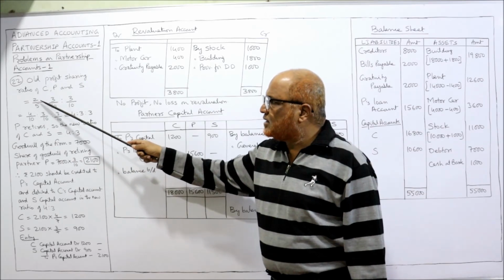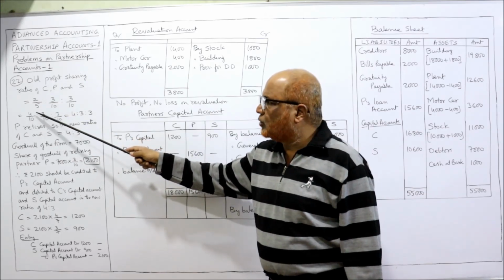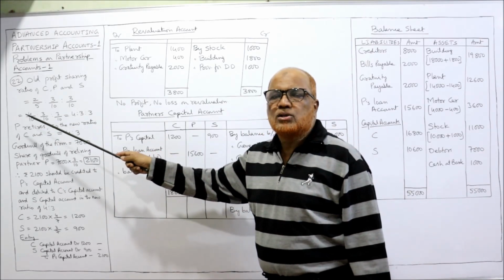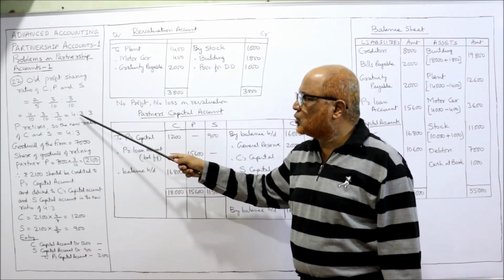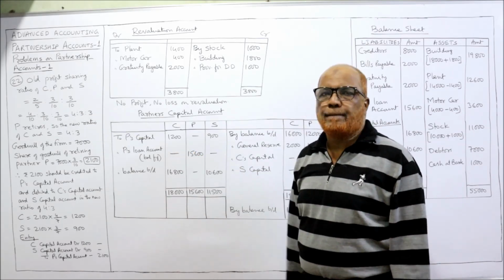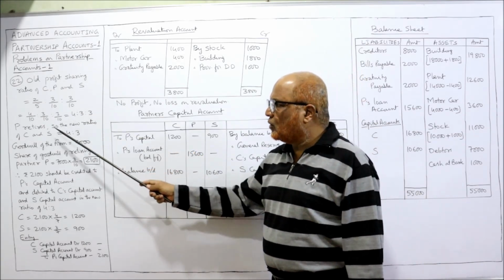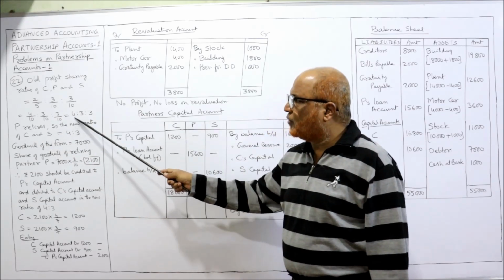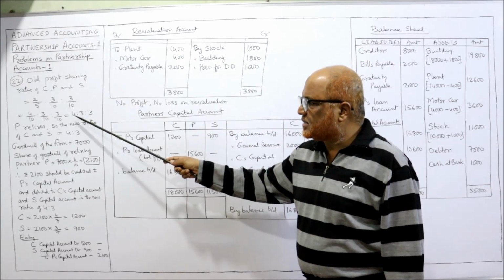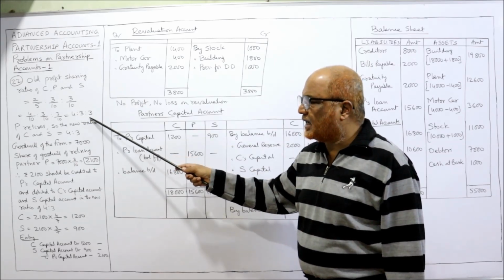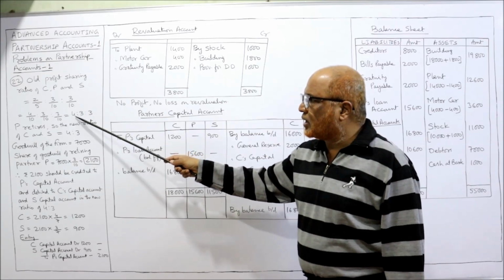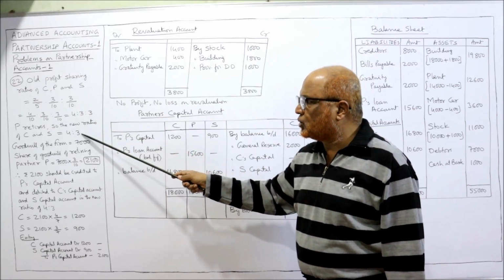So instead of writing 2 by 5, it is better to write 4 by 10, because all the denominators will be equal. So the ratio is 4 is to 3 is to 3. P retires. So the new ratio of C and S will be 4 is to 3. The first 4 is for C, then P, then S. P is retiring, so the remaining profit sharing ratio is 4 is to 3.